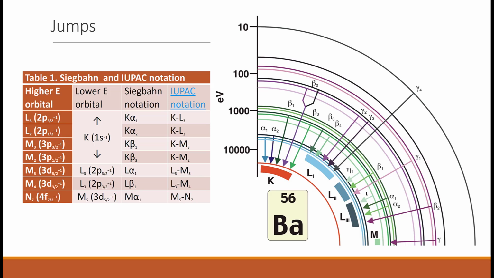You might be aware that one way to talk about the energy positions of electrons is in terms of Barkla nomenclature. That is, these letters that start with K and then go to L and then M and to N and up.